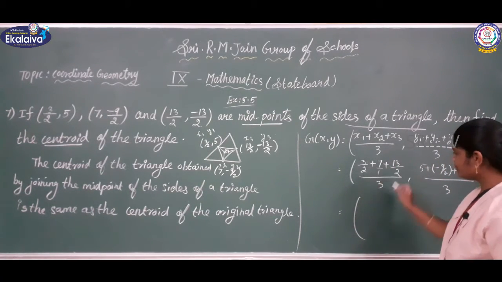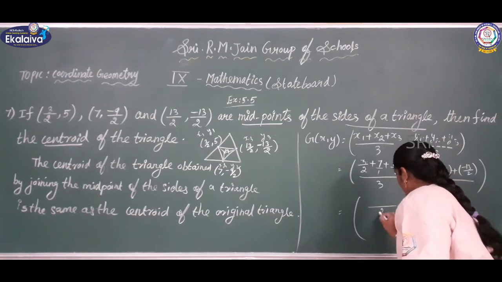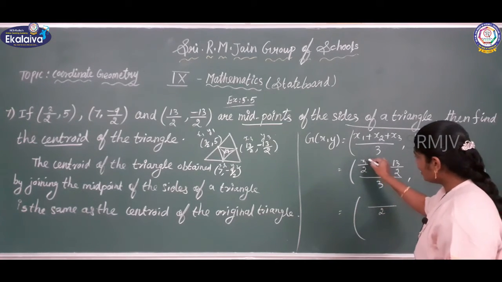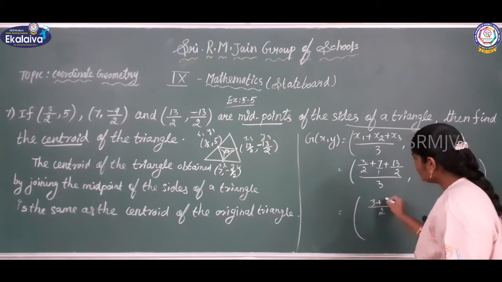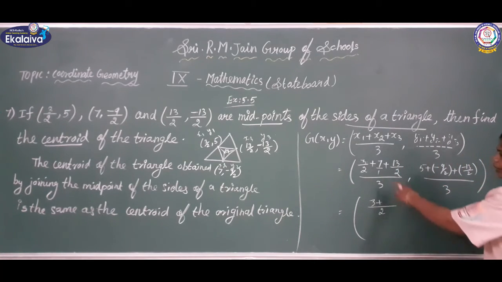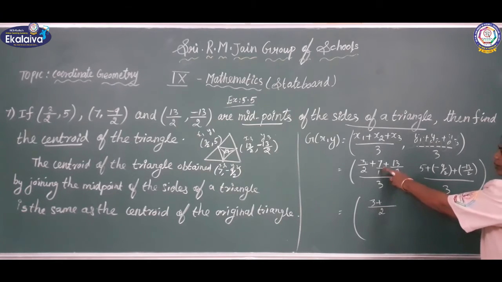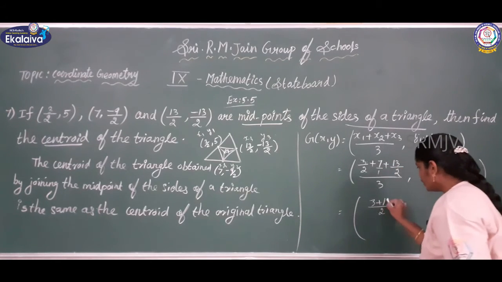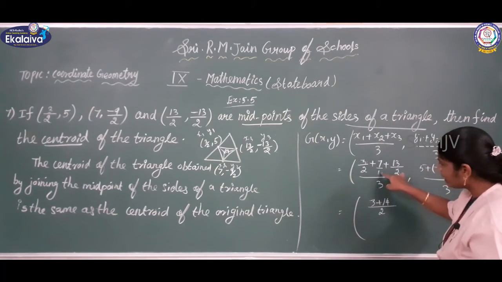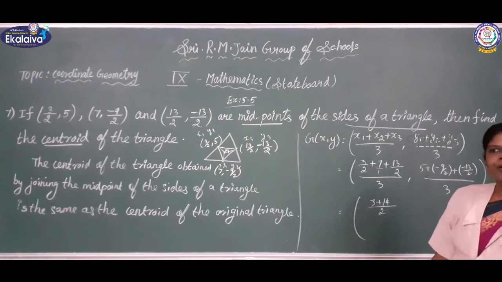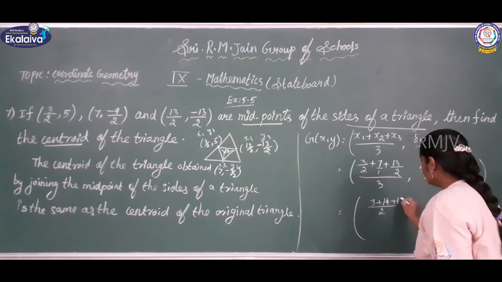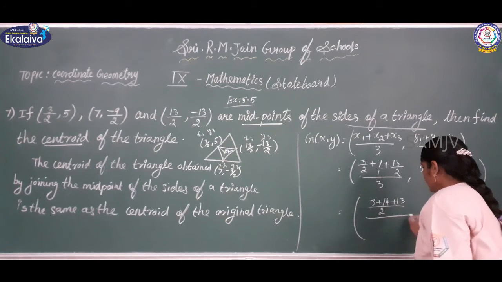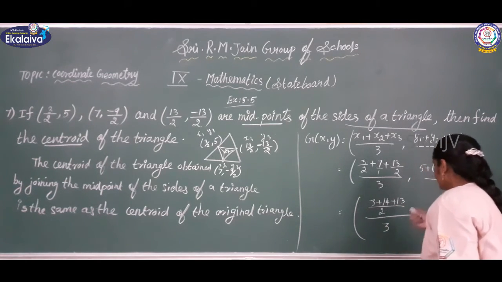Okay. See here 3/2, 13/2, here the denominator is 1. So take the LCM, 2 is the common denominator. So here 3 you write as it is, plus here the denominator is 1, so we need to multiply with 2, it becomes 2. Okay. So 7 2s are 14. Once you multiply the denominator, you have to multiply the numerator also. Then plus 13 divided by 3 comma.